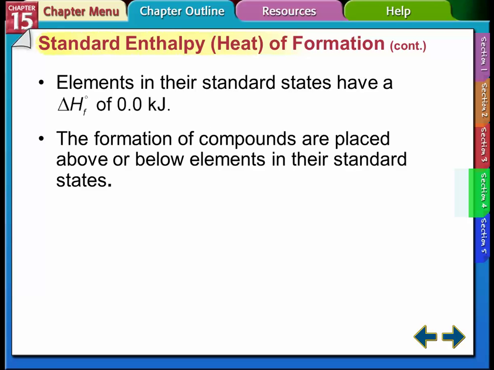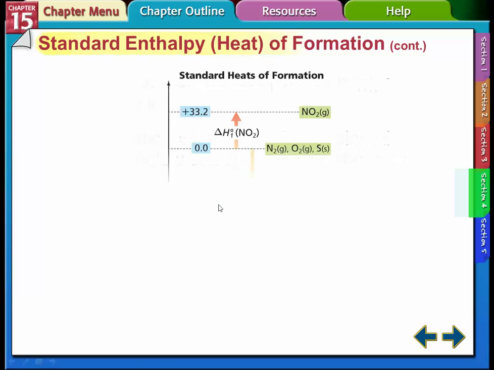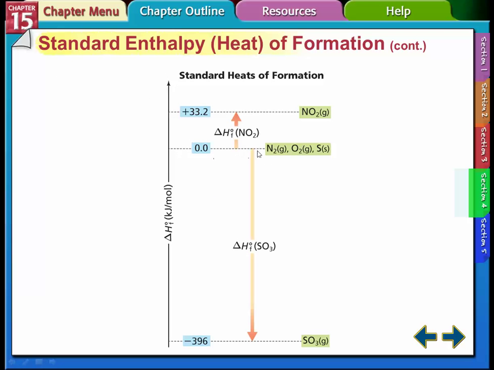Then we form compounds that are placed above or below elements in their standard states. So it looks like this. We have the standard states of nitrogen, oxygen, and sulfur. If we want to make NO2, we had to go up, we had to add heat to make that happen.